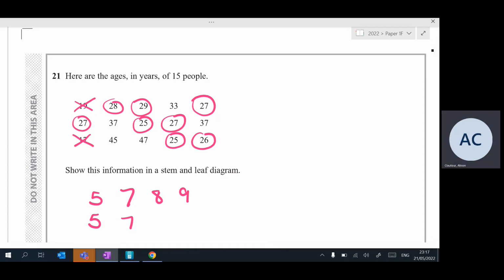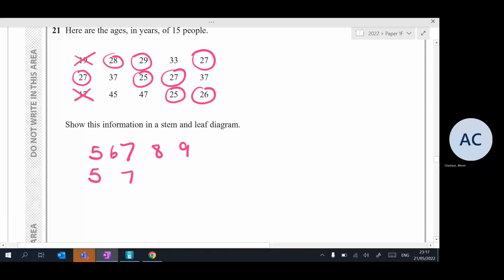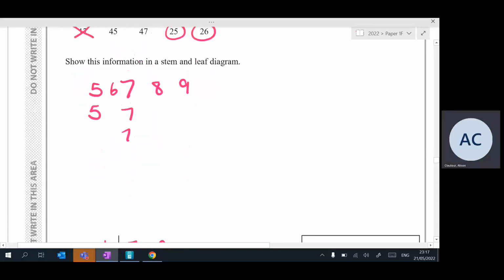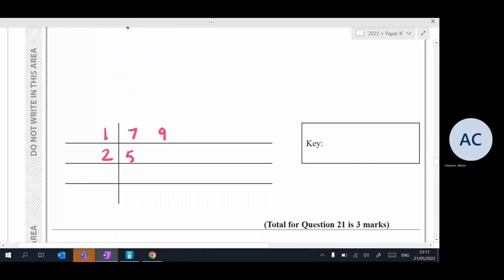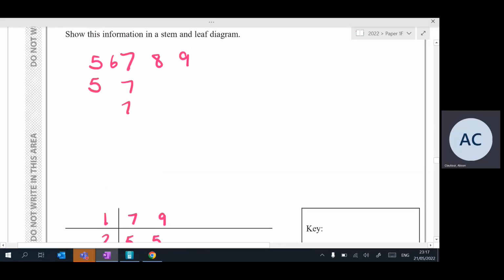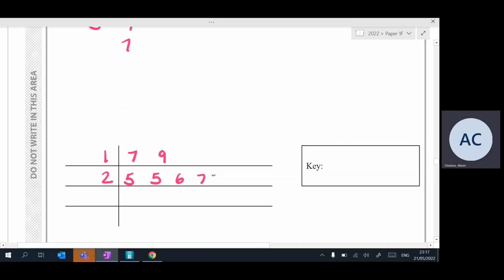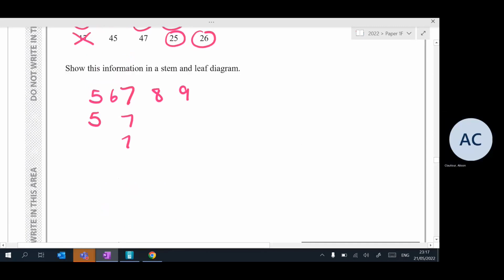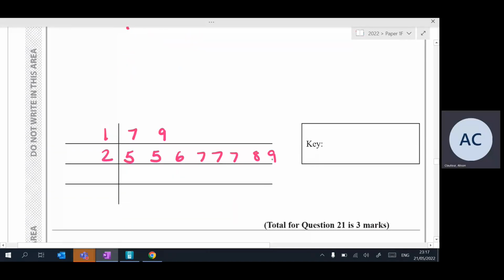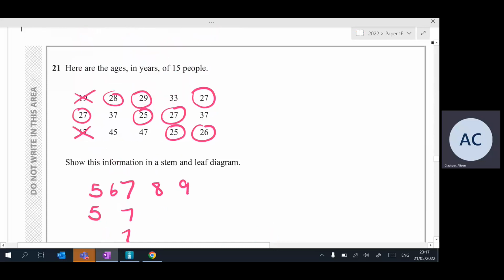And a 6 and a 7. Okay, so we've got in order 5, 5, 6, 7, 7, 7, 8, 9. So 1, 2, 3, 4, 5, 6, 7, 8. Just double checking. 3, 4, 5, 6, 7, 8. Good.